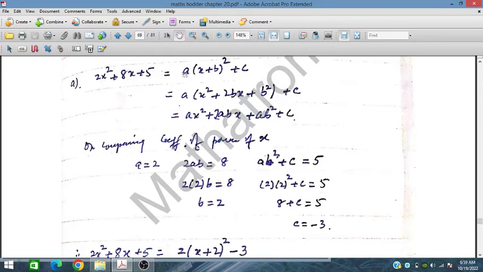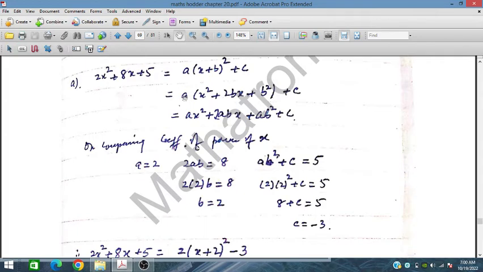Here we can write a(x plus b) whole square plus c. So we will open it. This is x square plus 2bx plus b square, and then c.